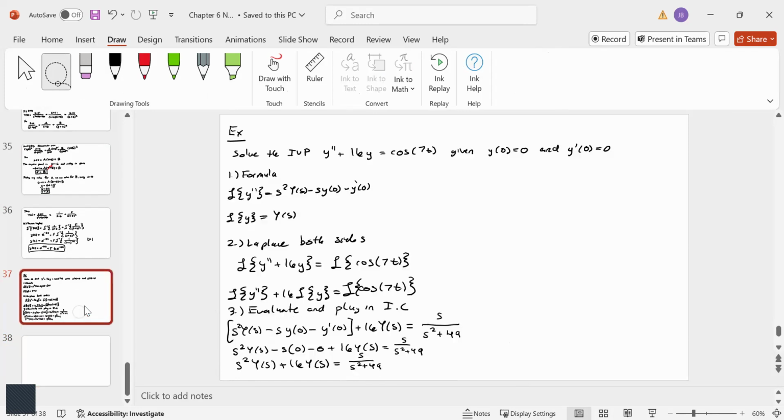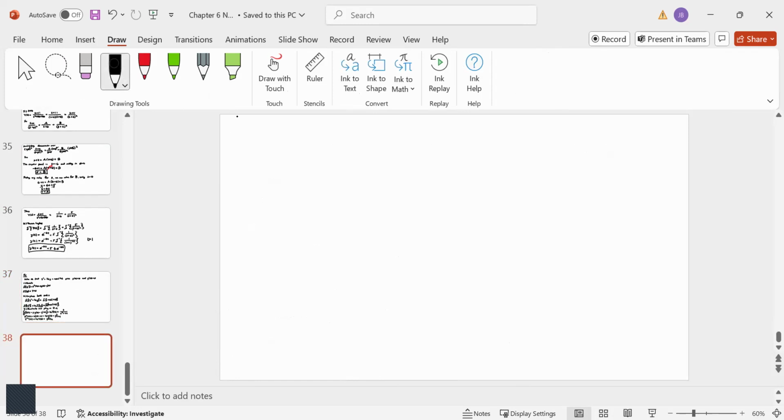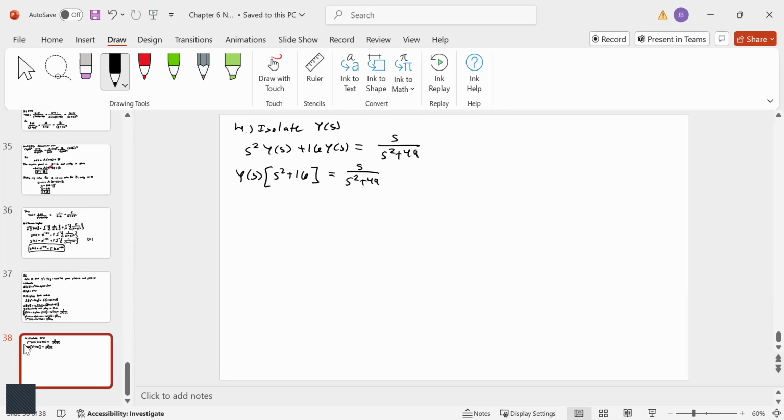So step 4 is to isolate Y of s. Factor out the Y of s, and then you're going to divide over the s squared plus 16.